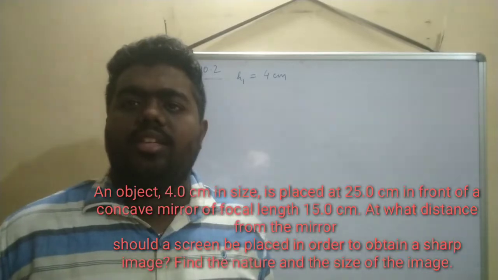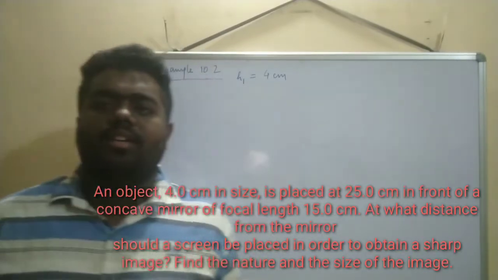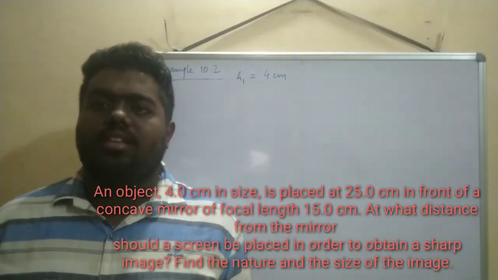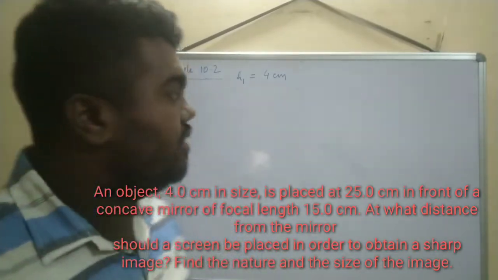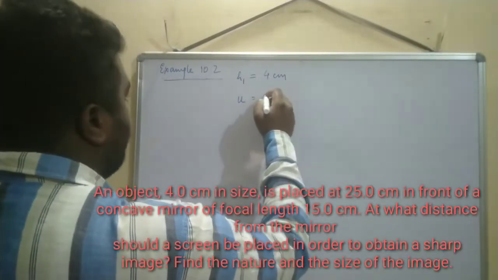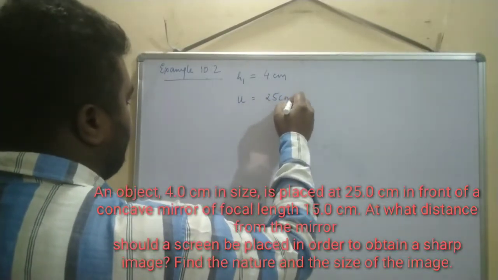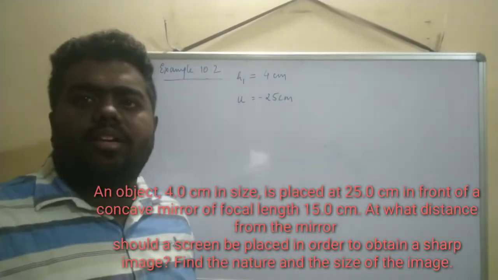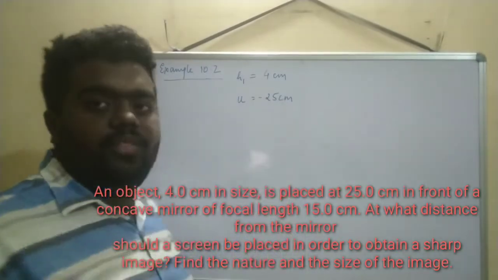The distance of the object is given, that means u is given. So u is how much? 25 centimeter, and this is the distance of the object, so it will be taken as negative.